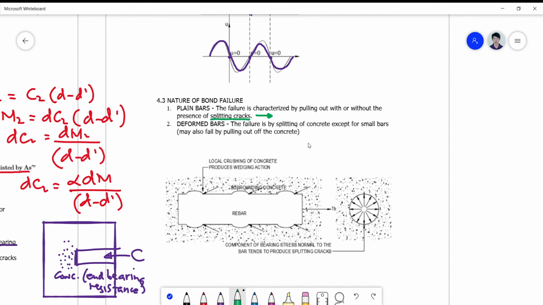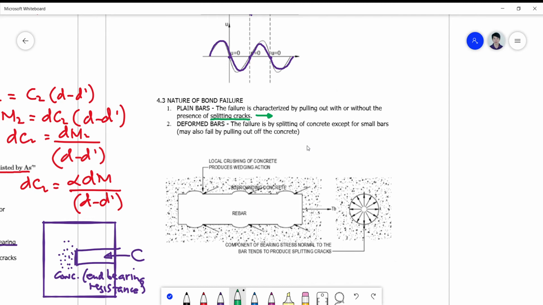So the other thing that we have to recognize on this nature of bond failure is the deformed bars. When you're using a deformed bar, the failure is definitely by splitting.